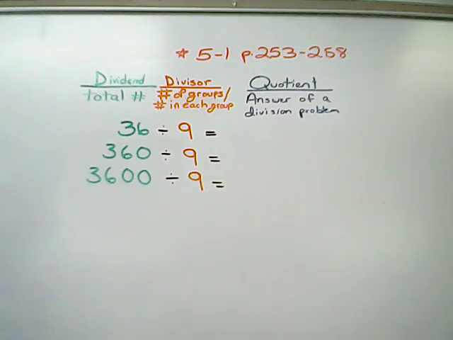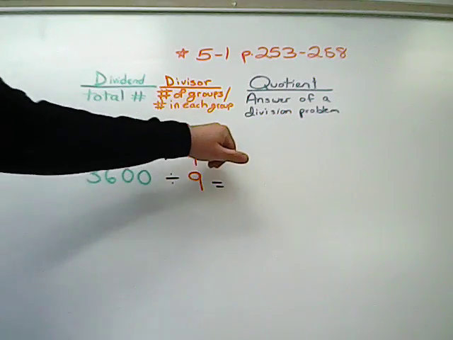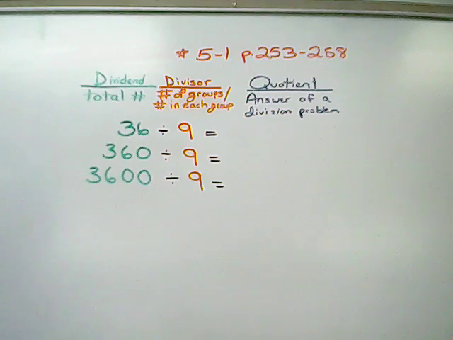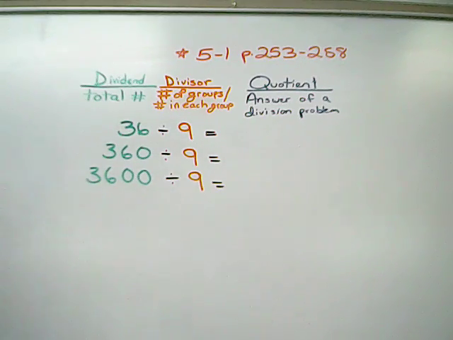If you know your facts, you can think about it this way. Blank times 9 is going to equal 36. If you're not sure of that, let's skip count by 9s and see how many times we skip count by 9s to get to the number 36.